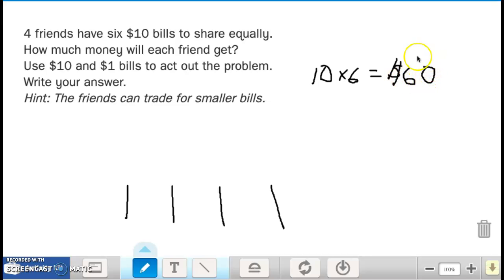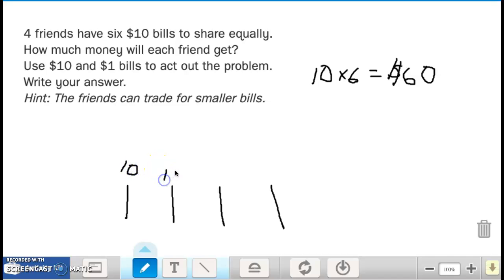they're going to share that 60 with each child. Everybody's going to have an equal amount of the $60. Well, first of all, we know that they had $10, right? So what if every kid had $10 here?